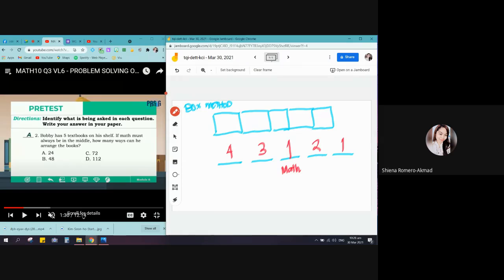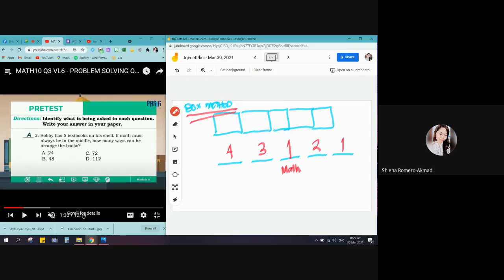So, aside from the formula, I can use the box method. This is used when you are going to arrange things. And kung hindi niya ma-picture out using the permutation formula, kung ano yung gagamitin. Usually, it is used if you're going to assign an element for a specific position.